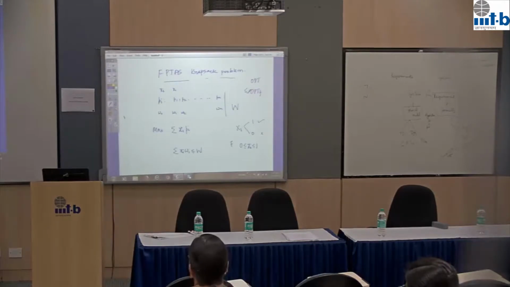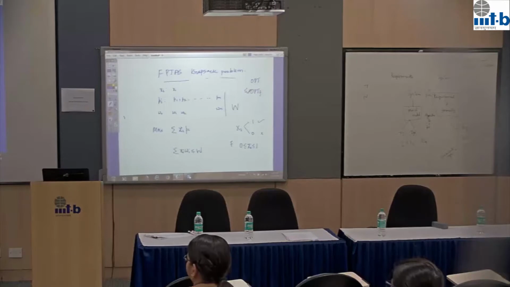So what he's saying is that any feasible solution to the 0-1 knapsack problem is also a feasible solution to the fractional knapsack problem, because here you allow 0 and 1, but in the fractional one you allow more things.